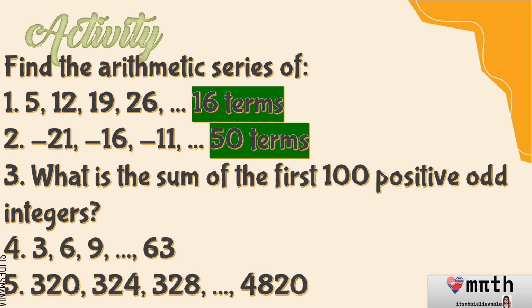Number 3, what is the sum of the first 100 positive odd integers? 4, the sum or the arithmetic series of 3, 6, 9 up to 63. Then 5, the sum of 320, 324, 328 up to 4,820.